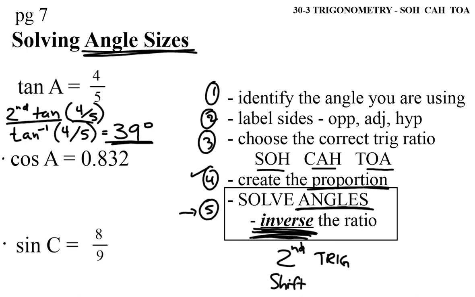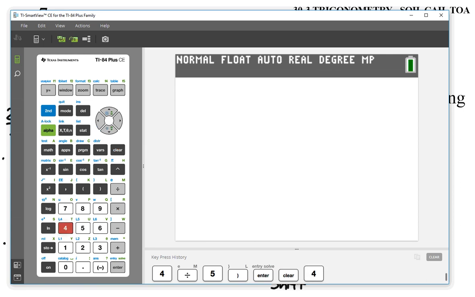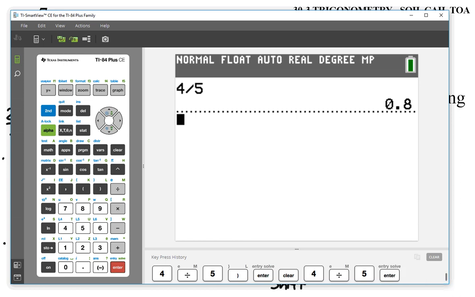Now, the other possibility is if you don't have fraction capabilities on your calculator, what you can do is divide your fraction first. 4 divided by 5 equals 0.8.